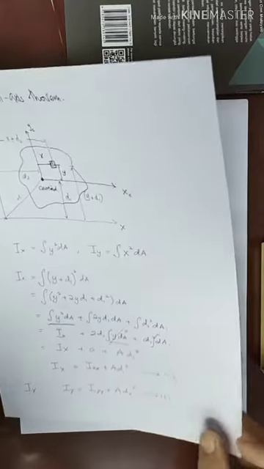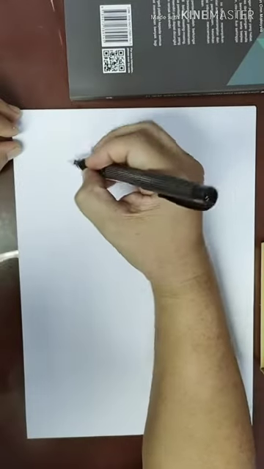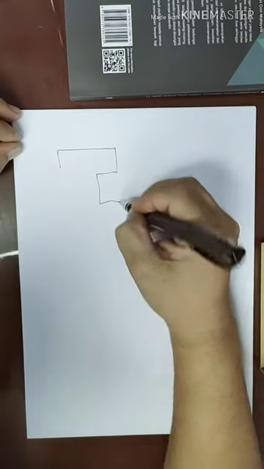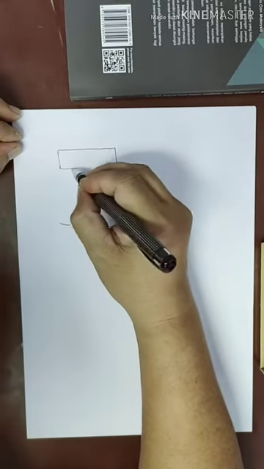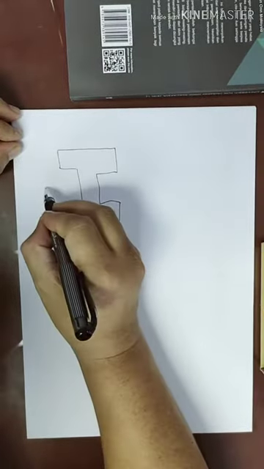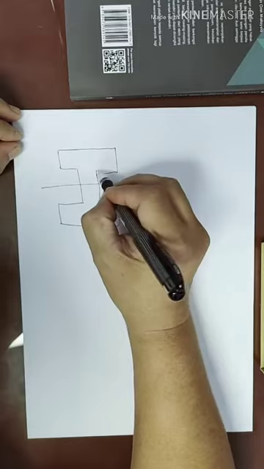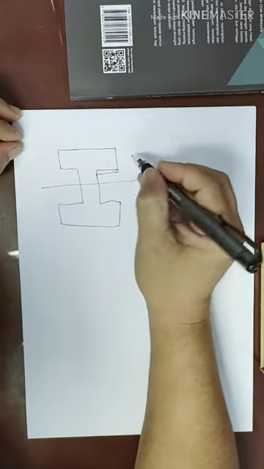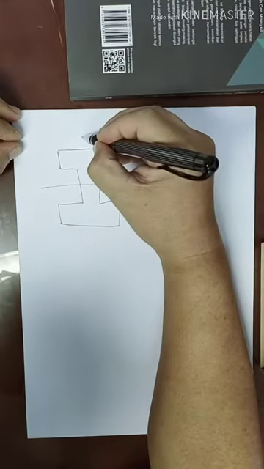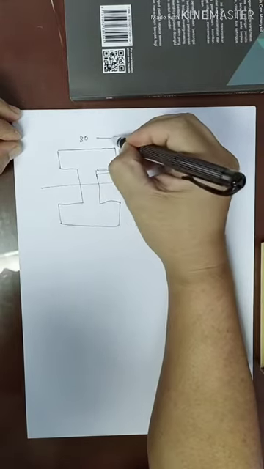So let me demonstrate one example. So let's say we have the I-beam, okay, which has the size here 40, 80.